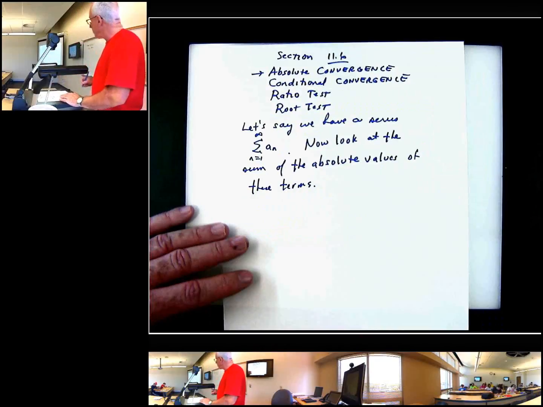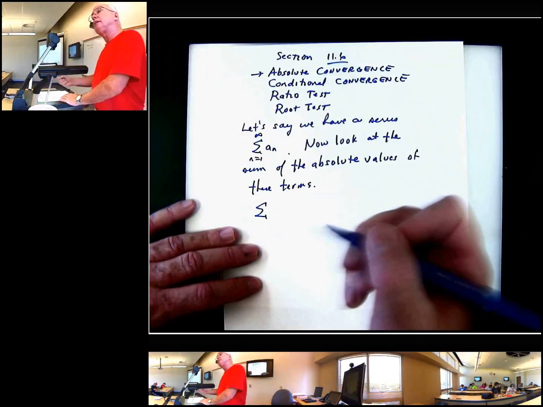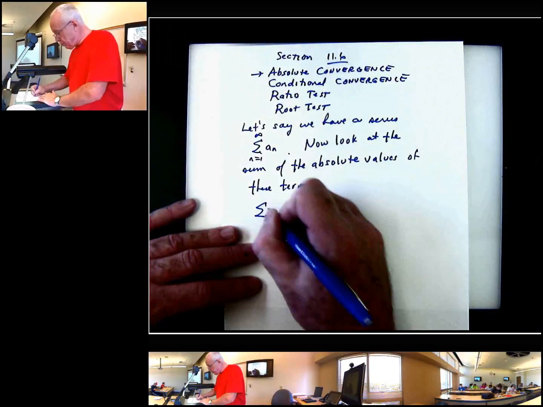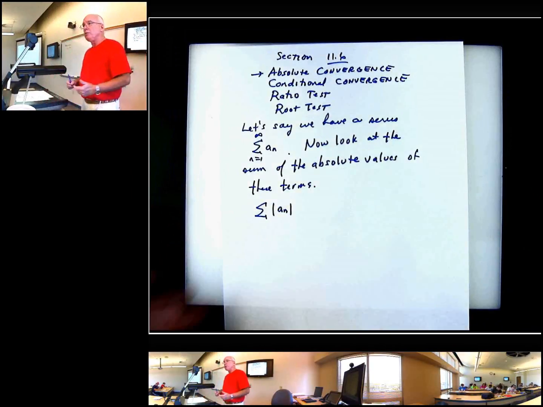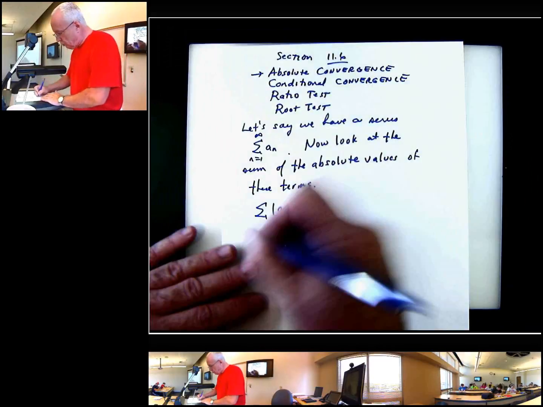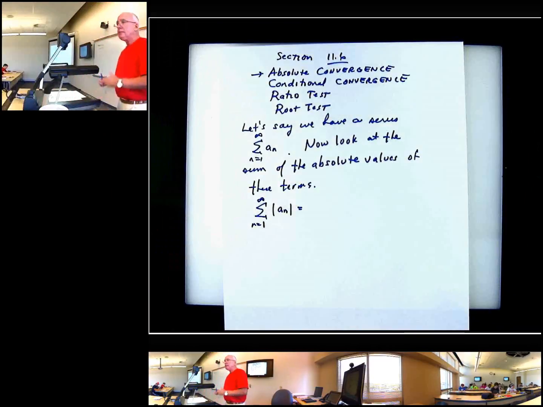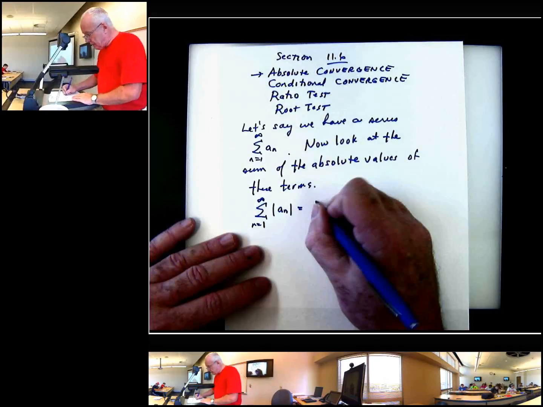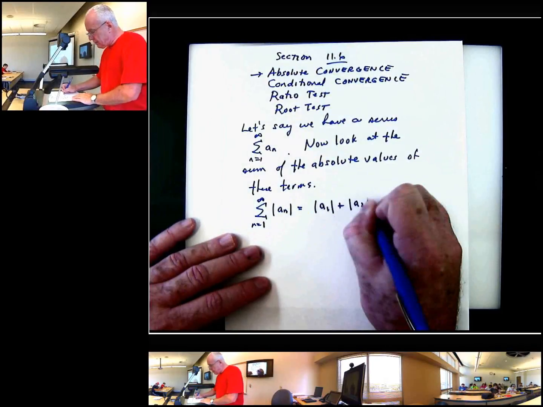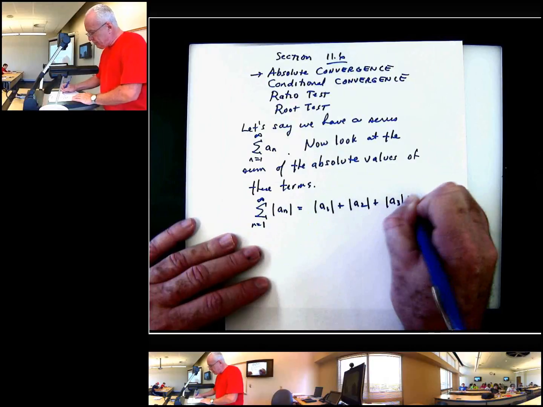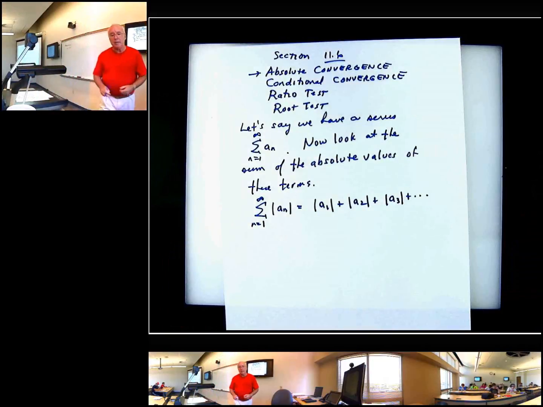So what we're talking about here is the summation, and now instead of just putting a sub n, I'm putting the a sub n, whatever that is, in absolute value notation, those two goalposts, as n goes from 1 to infinity. And so this is the first term, absolute value, plus the absolute value of the second term, plus the absolute value of the third term, etc. So it's the sum of the absolute values.